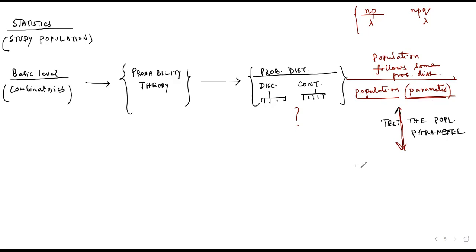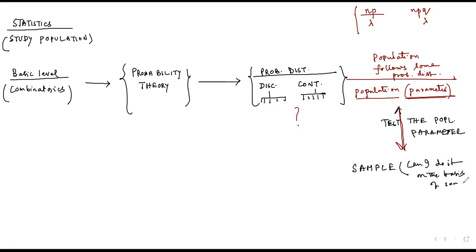Then the question comes: can I do this with the help of a sample? Can sampling be done? Before that, we need to know whether I can do it on the basis of a sample.